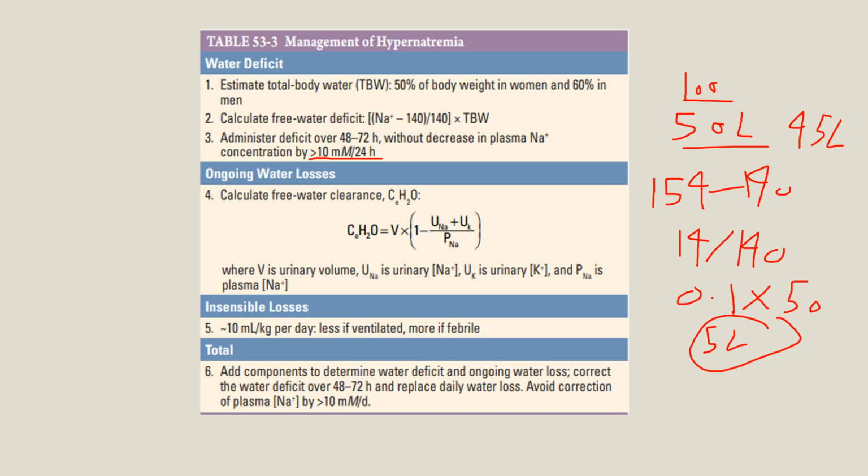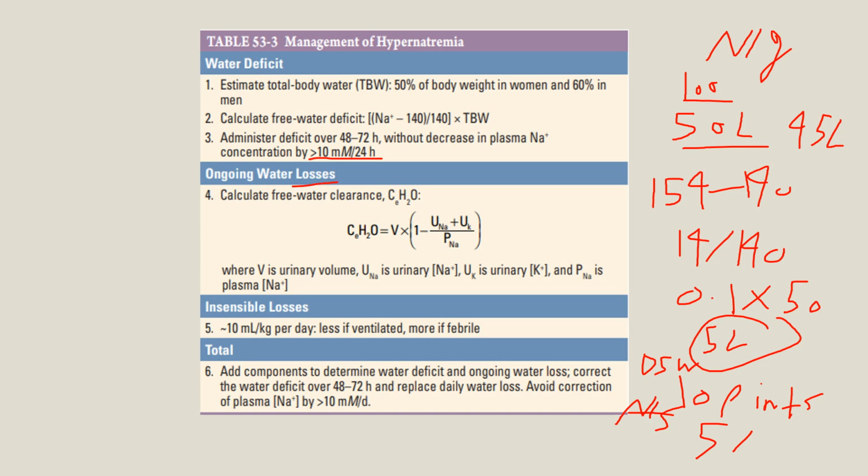So we have about 10 pints that should be given over 48 hours, so 5 pints per day, not normal saline but D5W, or hypotonic saline, or more appropriately free water by NG tube or oral route.